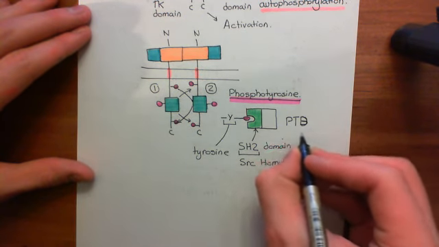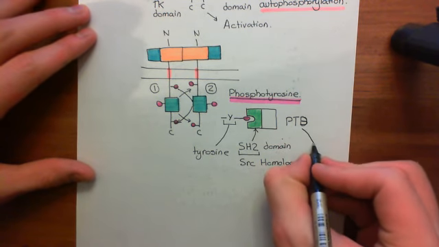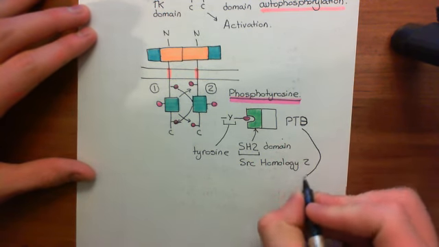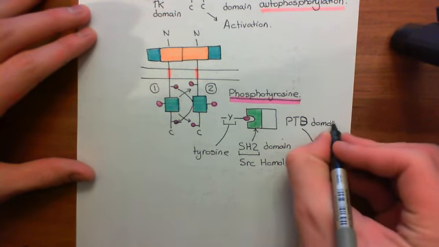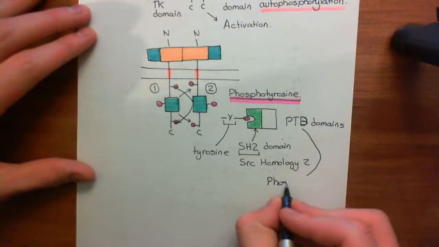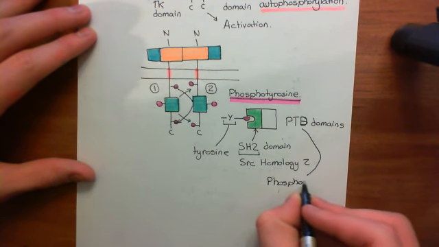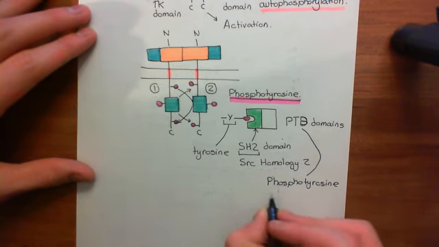That's what I'm thinking of. Phosphotyrosine, yes, that's it. Not the PTD. Right, so PTB domains. So PT obviously stands for phosphotyrosine, and then the B stands for binding. So phosphotyrosine binding domains, or a PTB domain.